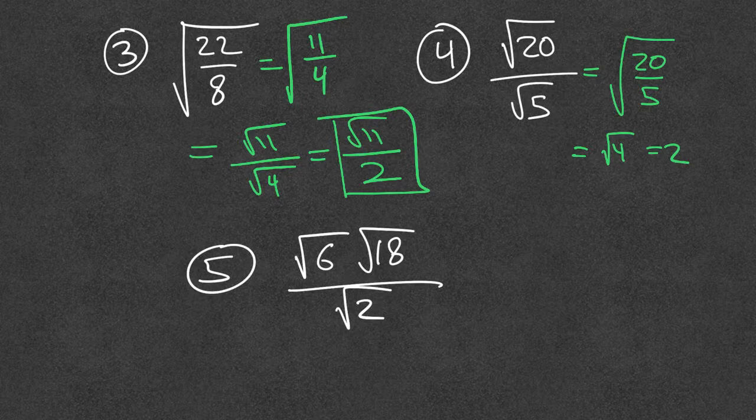Okay. Number 5 is going to combine both of our properties from yesterday and today. So when we look at this problem, we have two things that we see here. We've got multiplication across the top, but we've got division going down. And when you do that, you can try to figure out what's the most efficient way of doing this problem.